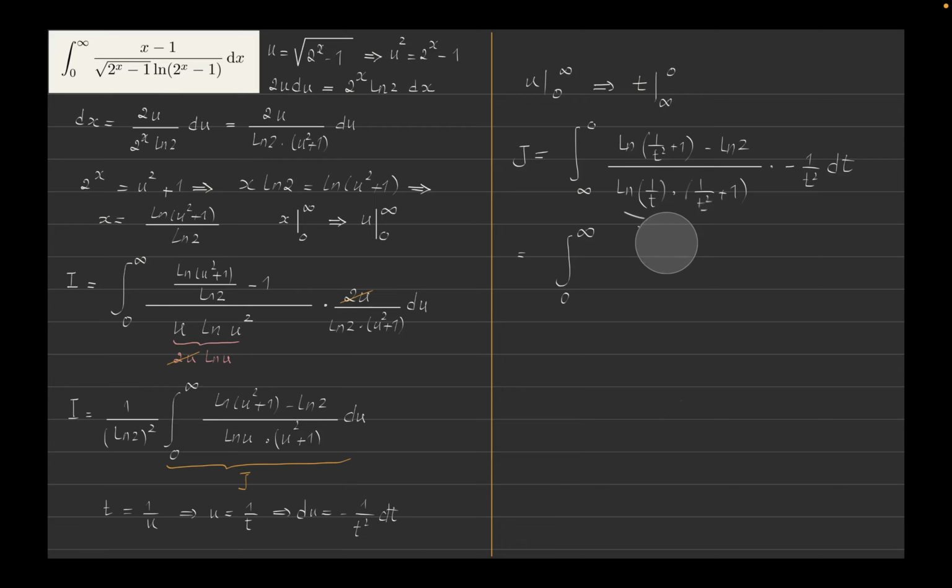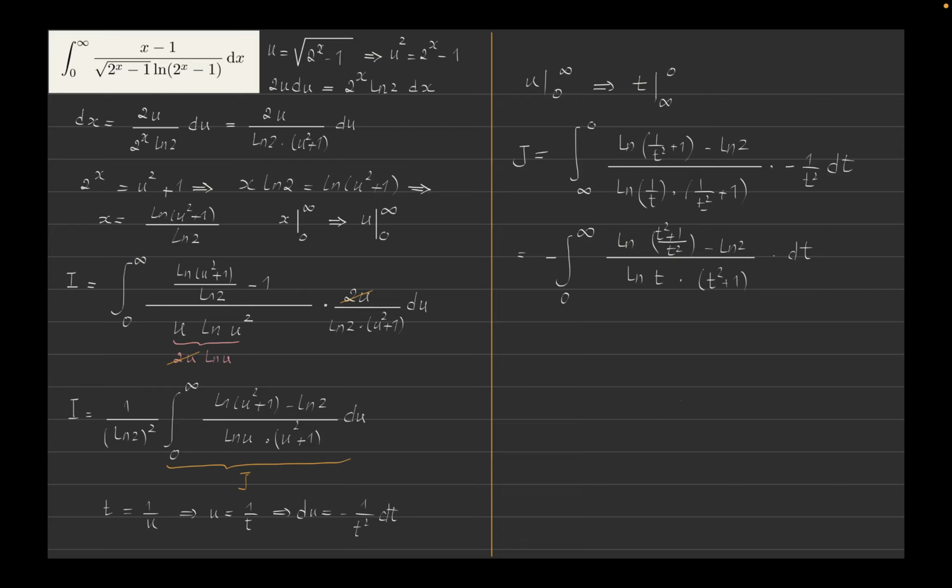Okay, so that minus sign, I pull it out. So this becomes again minus ln, and here I take the common denominator, so this becomes t squared plus 1 divided by t squared. And then I have minus ln of 2 divided by ln of t multiplied by t squared plus 1, and then I have dt here.